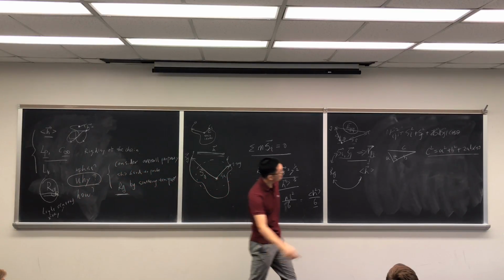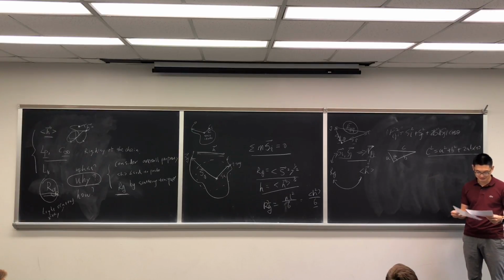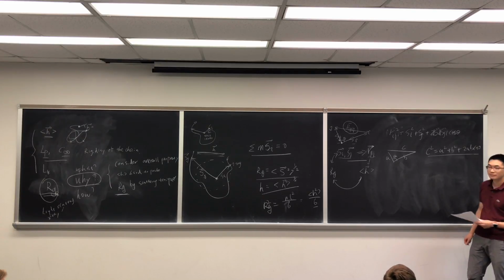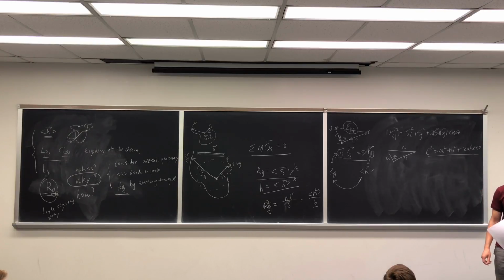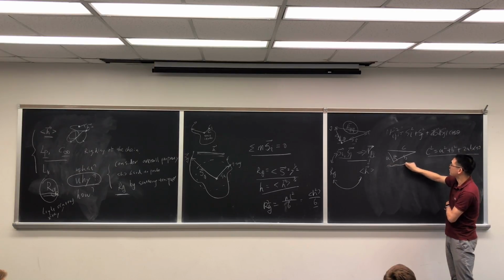Any question for this part? How we can use this triangle relationship to obtain the knowledge we discussed here? Any question? So this is the easy one for us to understand.